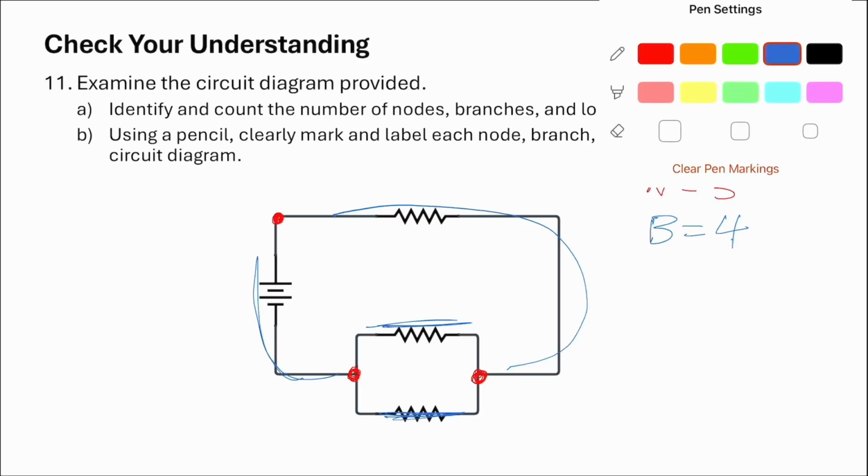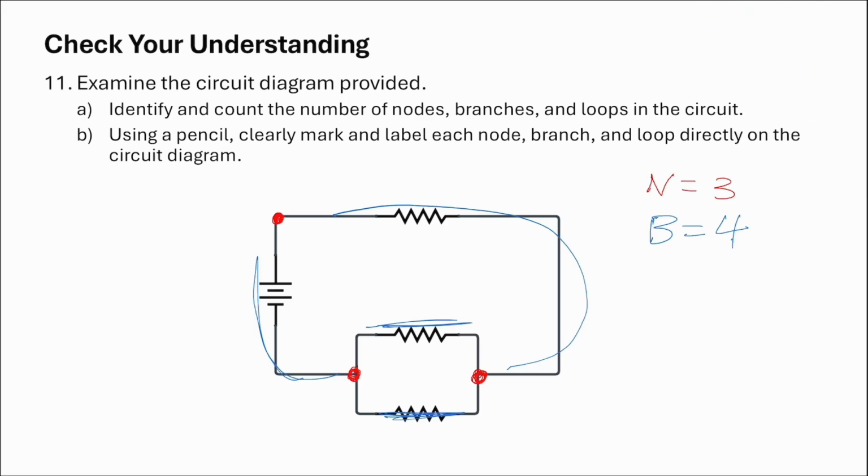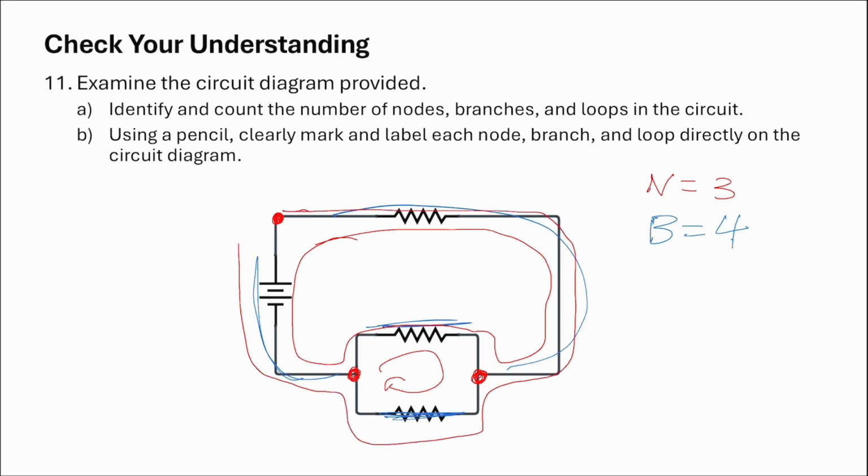Next is the number of loops. A loop is a closed loop. So here is the first one, the second one, and of course the third one. So the number of loops is 3.